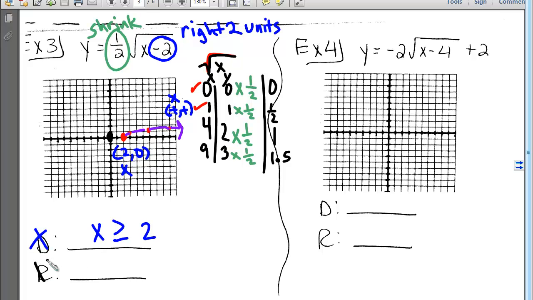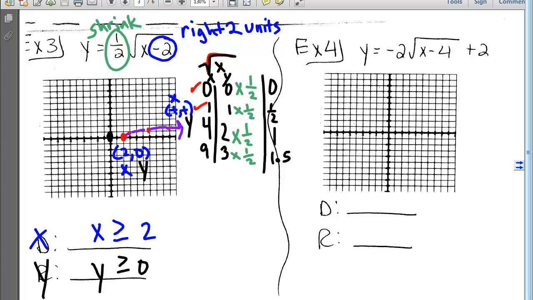My range is going from 0 to positive infinity. Those values are getting bigger, so y is greater than or equal to 0.